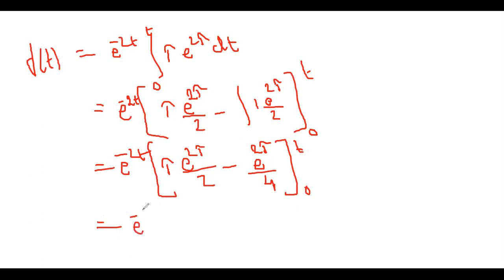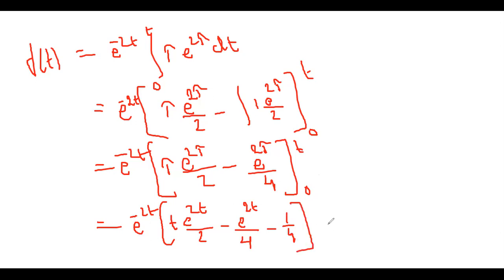So e power minus 2t times, at the upper limit tau is t, t e power 2t by 2 minus e power 2t by 4. Upper limit I am substituting in the two terms. Coming to the lower limit, tau is 0, so the third term is 0 and the fourth term becomes e power 0, which is 1 by 4.